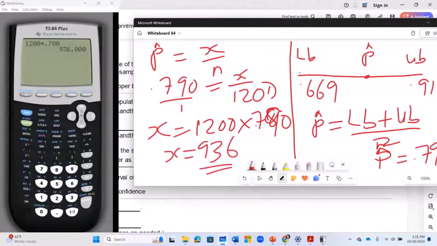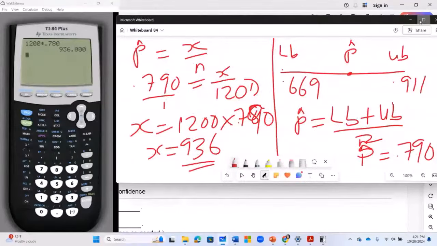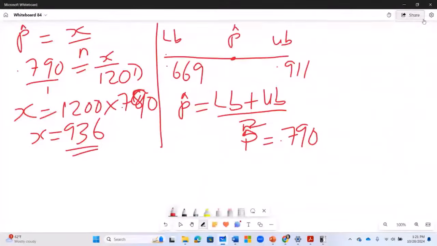Okay, and then they want me to find the margin of error. How do I find the margin of error? The margin of error is the distance between the upper bound and the point estimate. The point estimate is 0.790. So what is the margin of error? The margin of error is this distance.